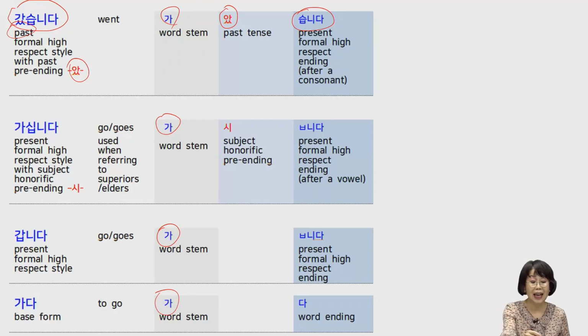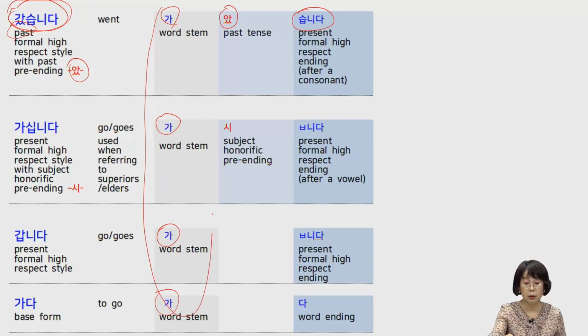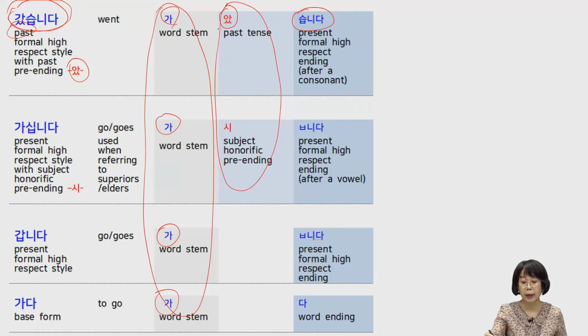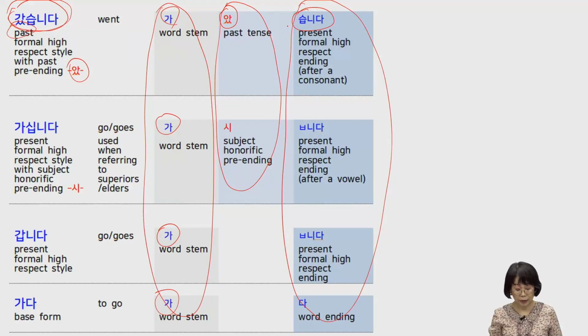So you can get 갔습니다. Word stems never change. And maybe you can put pre-ending particles and ending. It is about the conjugation.